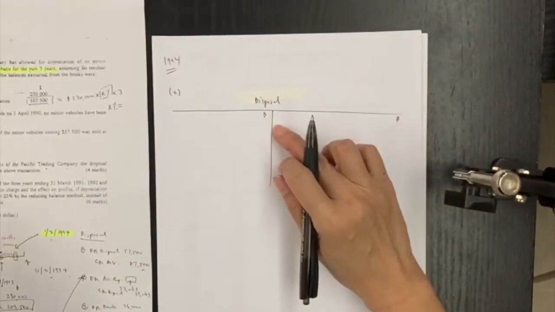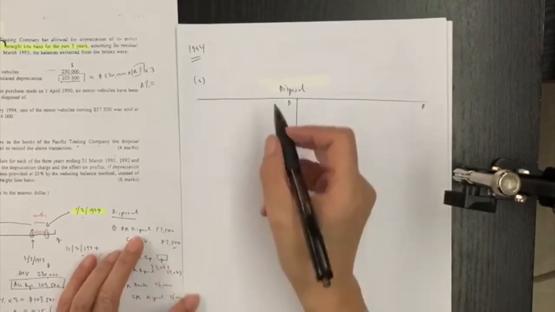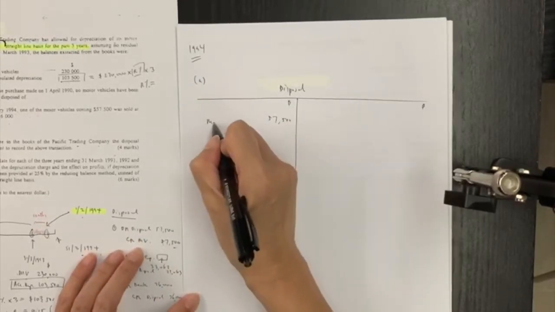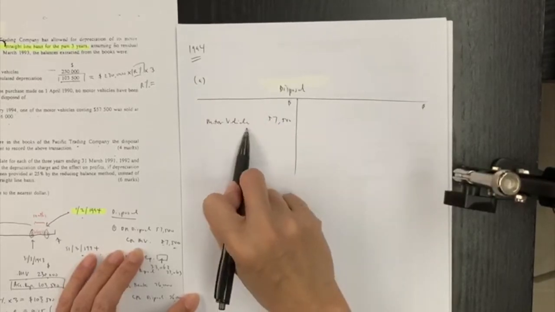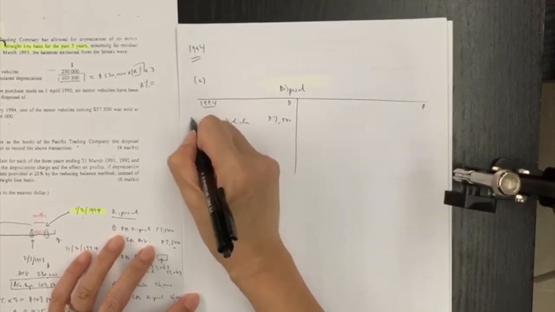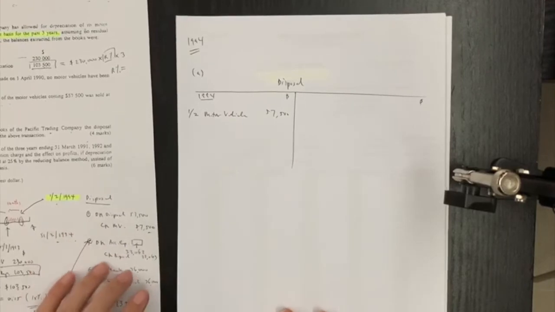This is disposal, step number 1. Debit disposal 57,500 because of motor vehicle, just one, no S. The date is 1st of February 1994. So step number 1, I do posting.